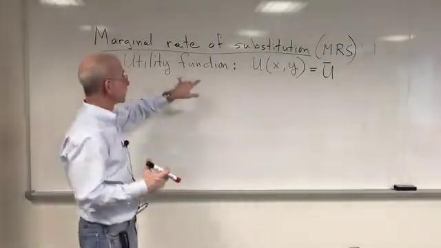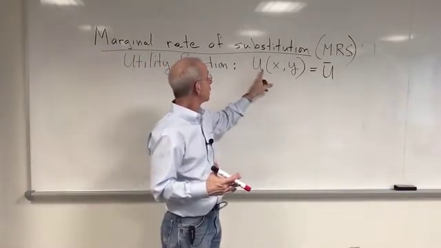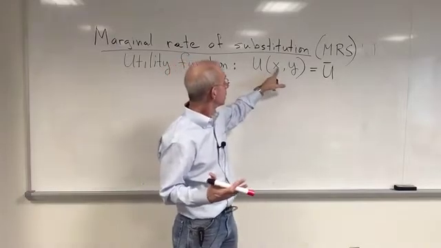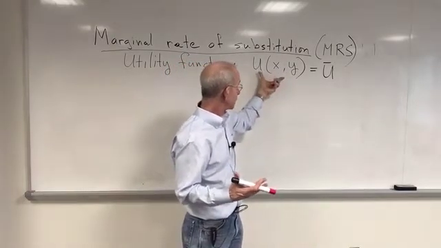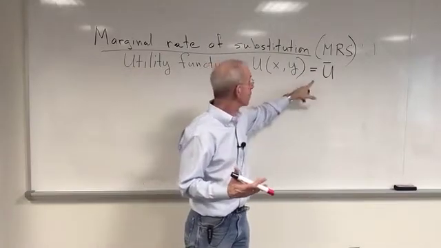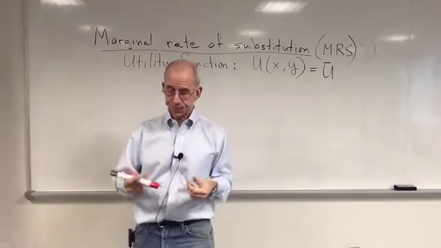Now, in a different video, we've talked about a utility function where the happiness, if you will, of a consumer consuming X and Y depends on this function. Because we're talking about an indifference curve, we're going to keep the level of utility constant.